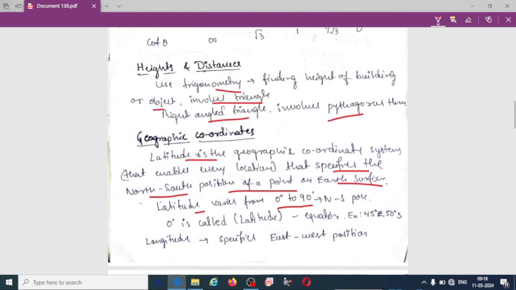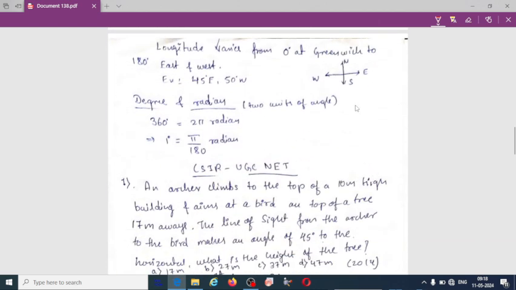If you take the earth surface, from north to south, the lines which we come across, and if we take from east to west, these are latitude, and these are longitudinal lines.